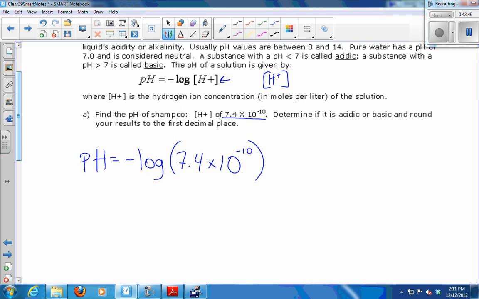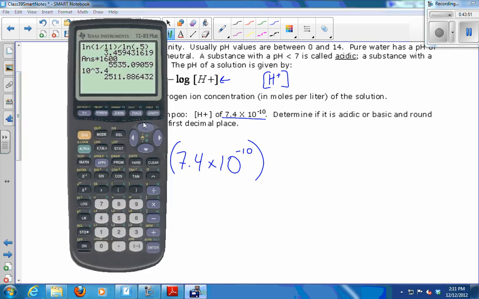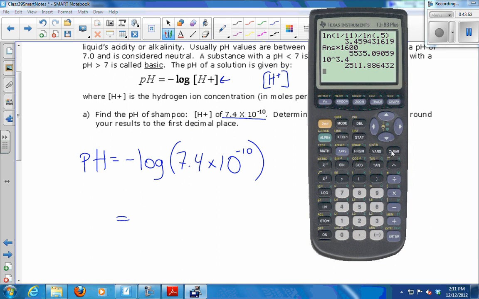So if I take the pH of it, I get negative log 7.4 times 10 to the negative 10. Make sure you put parentheses around the exponent of negative 10. I get 9.13.